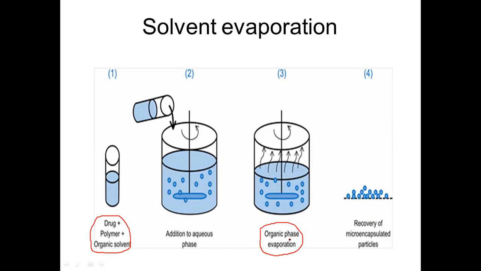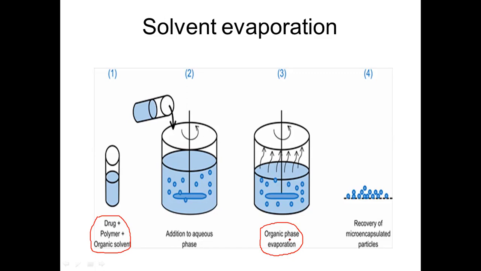So microcapsule formation by solvent evaporation or solvent extraction is similar to the suspension cross-linking method. But in this case, the polymer is mostly hydrophobic in nature. So the polymer is dissolved in a water immiscible volatile organic solvent like dichloroethane or dichloromethane, or we can use chloroform here, into which the core material is dissolved or dispersed.